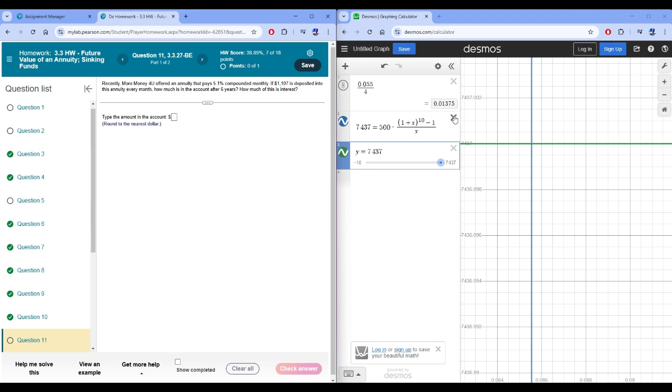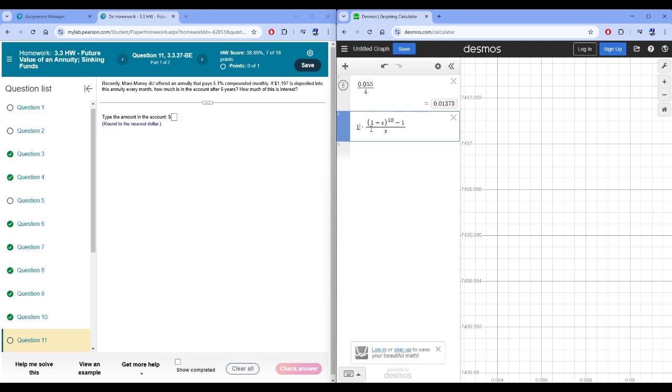Okay, so let's see. Here, we're looking for how much is in the account. So you're going to make a deposit of 1,107. Alright, so I have the $1,107 deposited at 1 plus my interest rate. I gotta first find out what that interest rate is going to be.